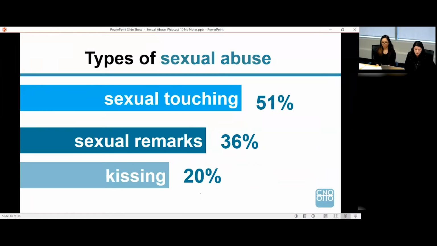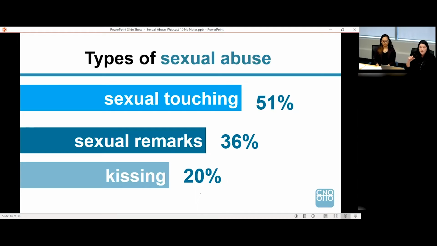This slide depicts the most common types of sexual abuse. Some matters had more than one type of sexual abuse, and we captured each type. So 51% of the matters, out of the 280, involved sexual touching of a patient. 36% involved sexual remarks, and 20% involved kissing.